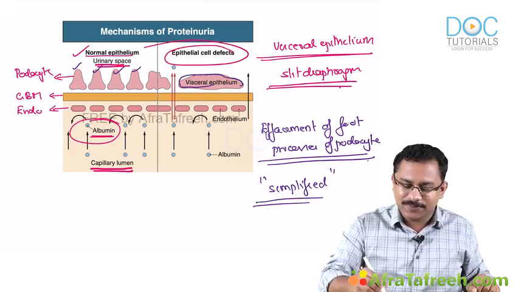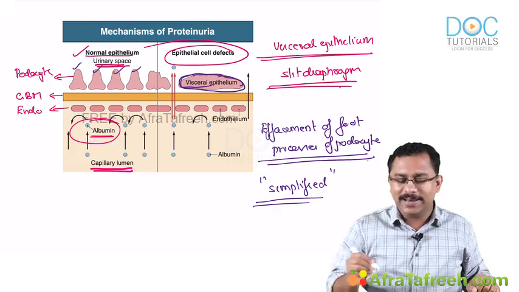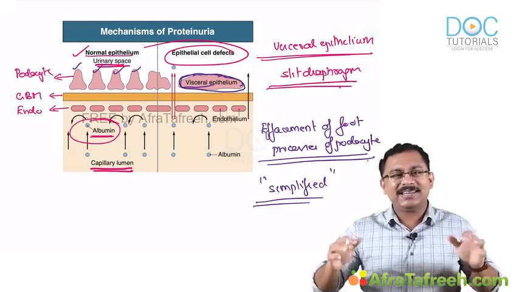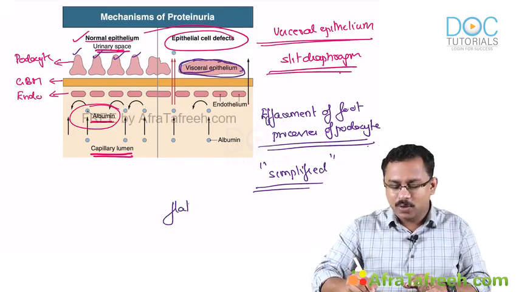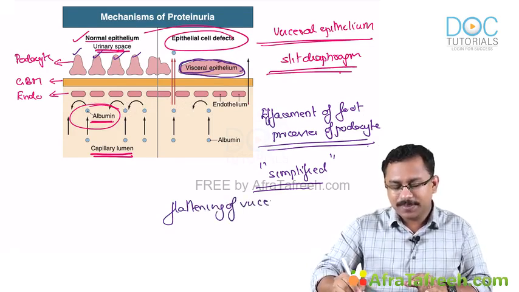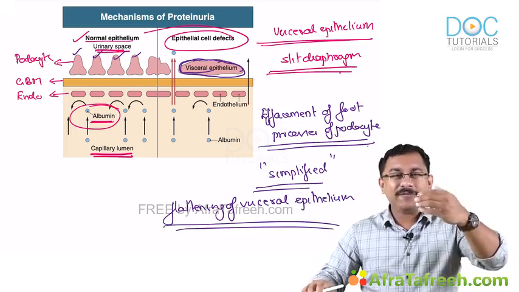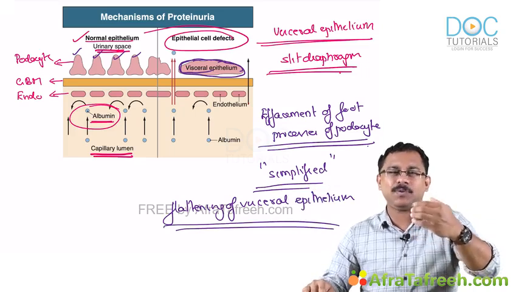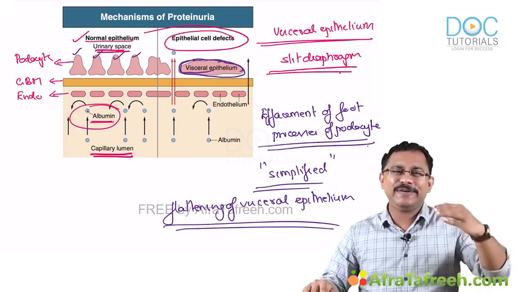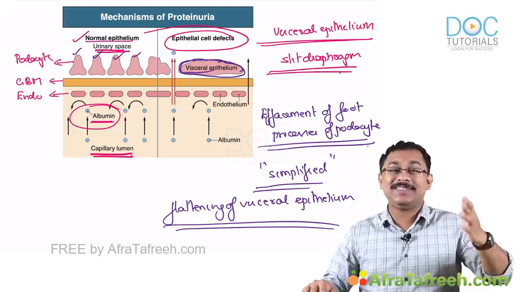On the right hand side you can see an abnormality. There is a flattening of the visceral epithelium, or you can say there is an effacement, it becomes flattened out. So the efficacy of filtration provided by the flattened, effaced visceral epithelium is not that much.